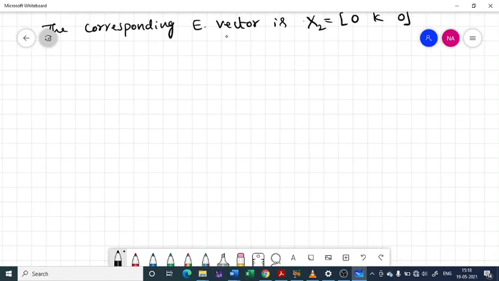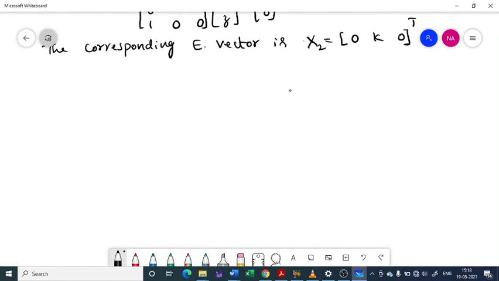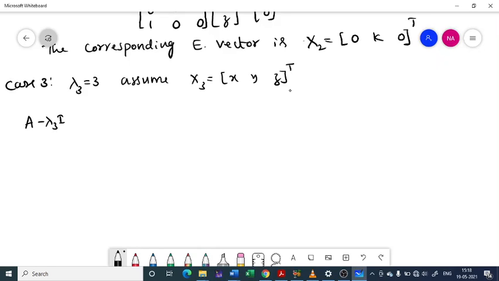Now the third eigenvector, the eigenvector corresponding to the third eigenvalue. So case 3, lambda 3 equal to 3, and assume capital X3 equal to x y z transpose. Then (A minus lambda 3 I) into X3 equal to 0 implies (A minus 3I) into X3 equal to 0.